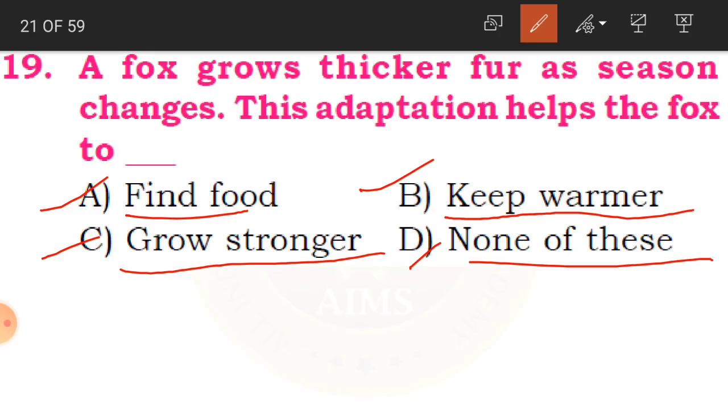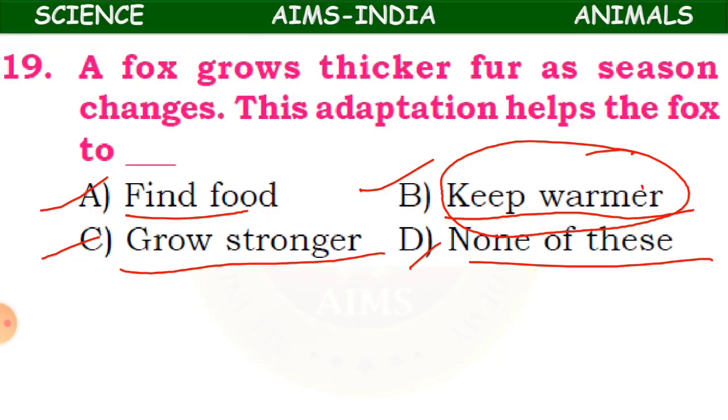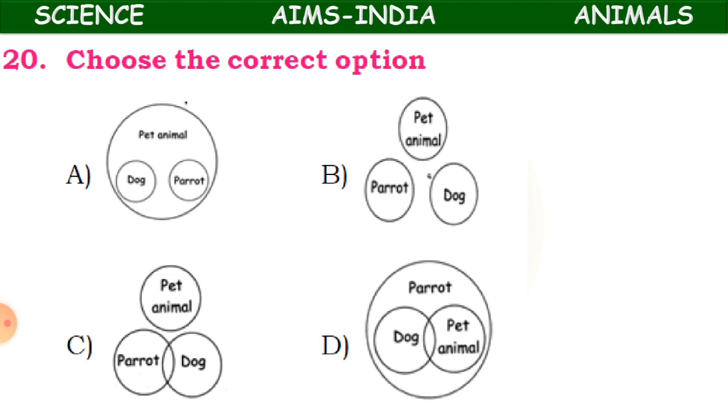Its fur grows thick to keep itself warm in the winters, and thin to protect from the heat. So B option is the correct answer. Clear, children?